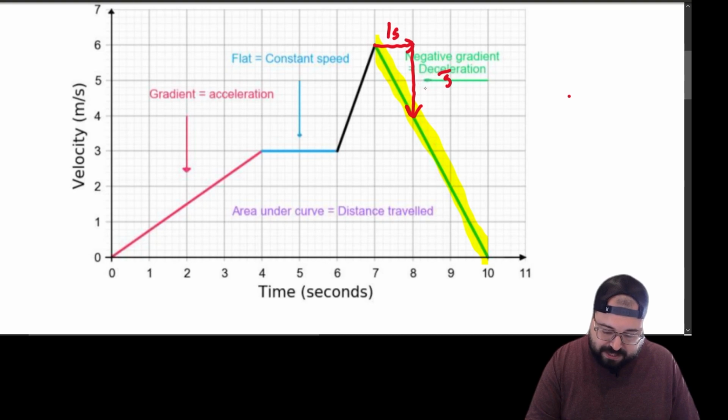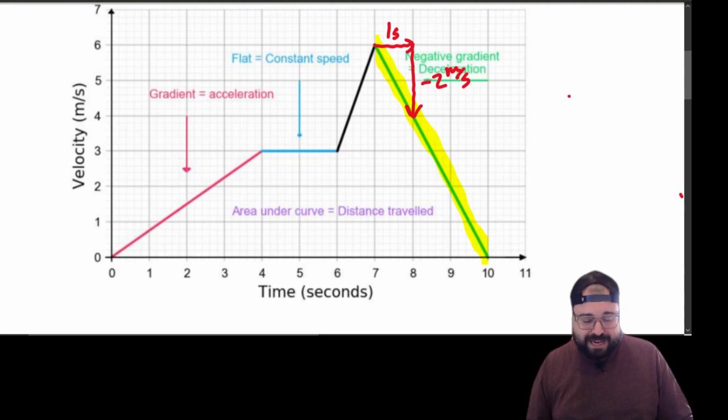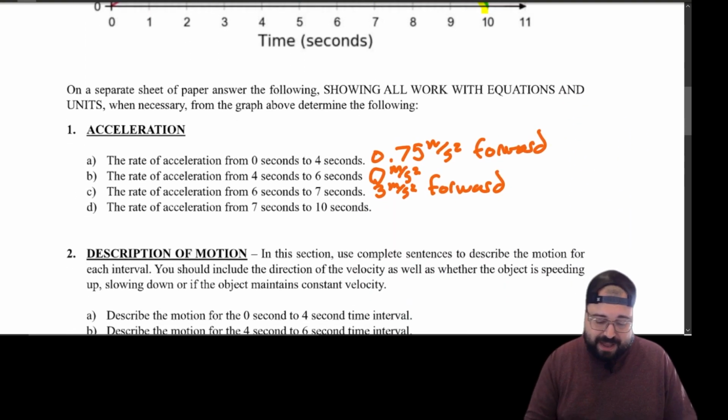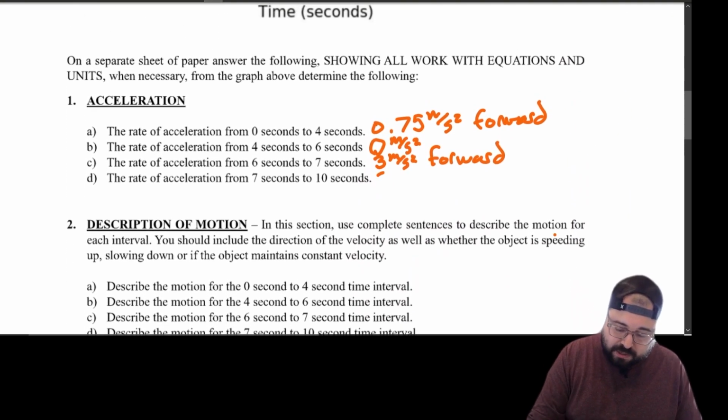And I do want to emphasize here, this is a negative value. Negative 2 meters per second. So we're losing 2 meters per second every second, which means we have an acceleration of 2 meters per second squared, but we got a negative answer, so that means backwards.